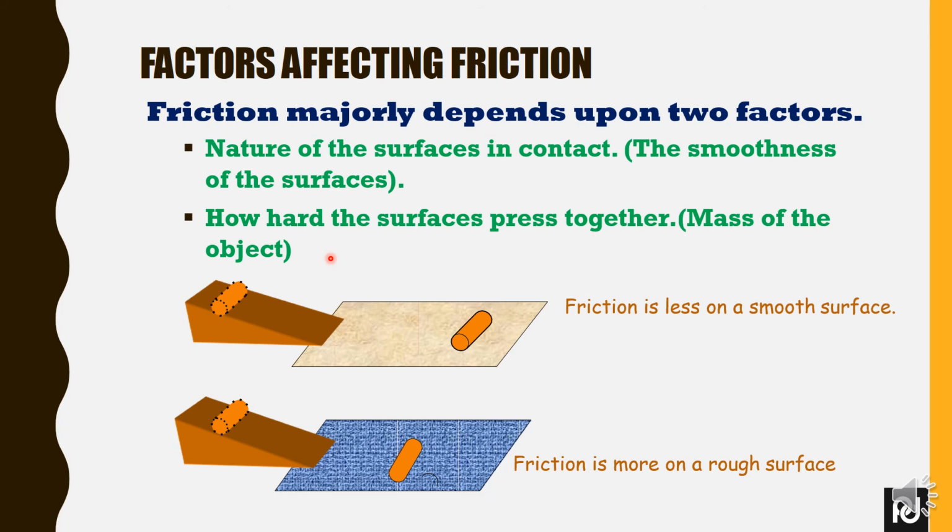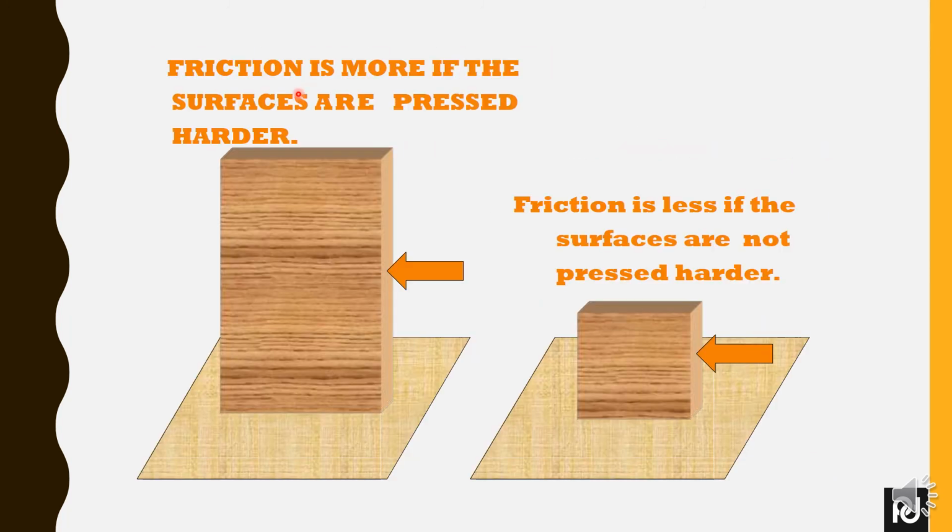So if a person is weighing 100 kg and is sitting on a sofa, well, he is having a higher amount of static friction compared to a person who might be of lesser weight. So friction is more if the surfaces are pressed harder.